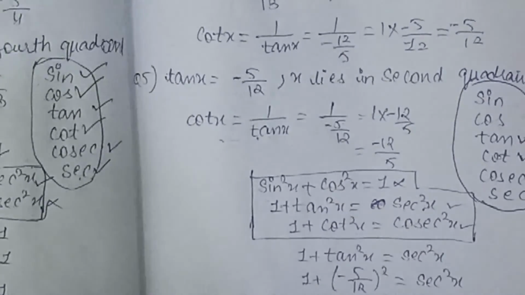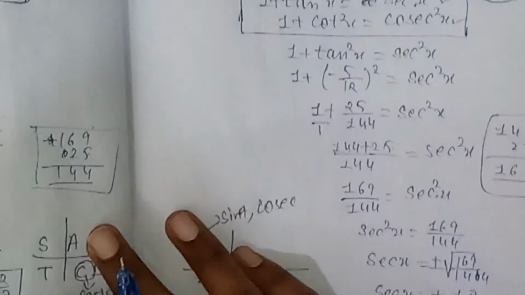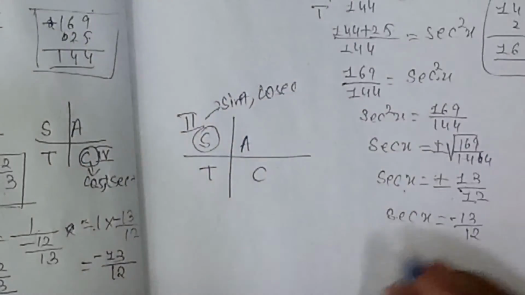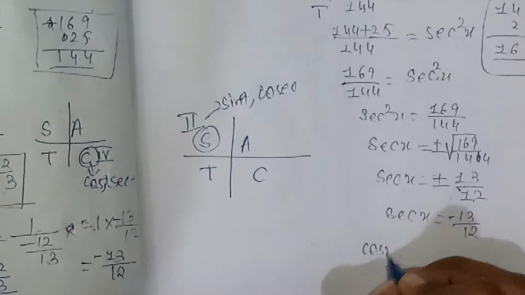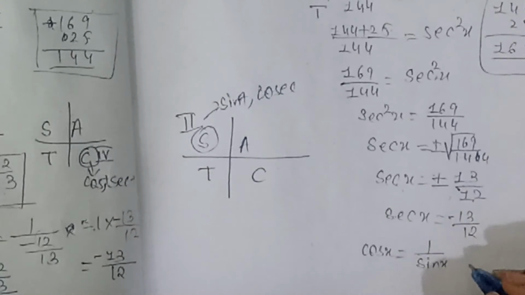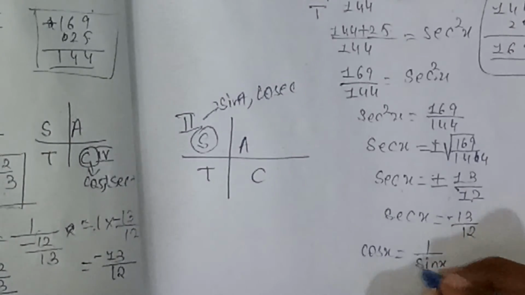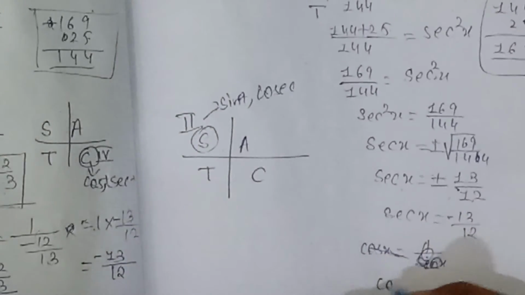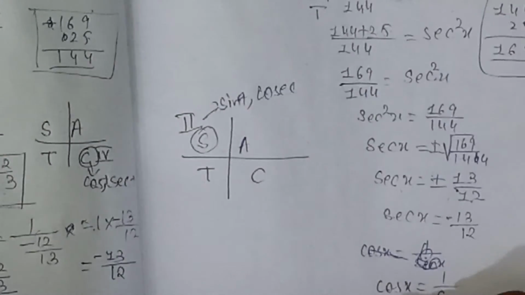So when you get the value of secant x, automatically you can find the value of what? Cos. So cos x is equal to 1 by sin x. Sorry, 1 by secant x. So cos x is equal to 1 by secant x.